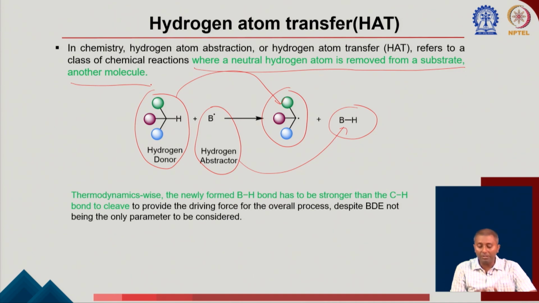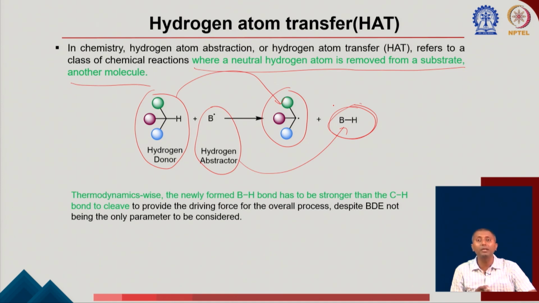Now, if you look at this reaction from the thermodynamics, one important thing is to get this reaction towards the product. We already learned this in radical reactions, when I was talking about sp3 C-H bromination using the chlorine radical or the bromine radical.